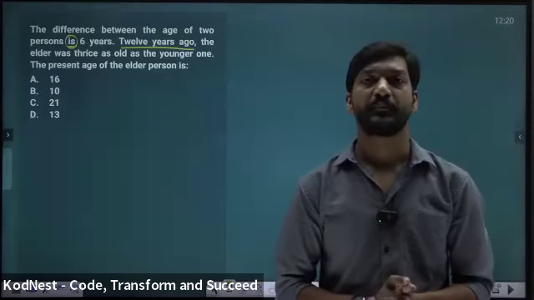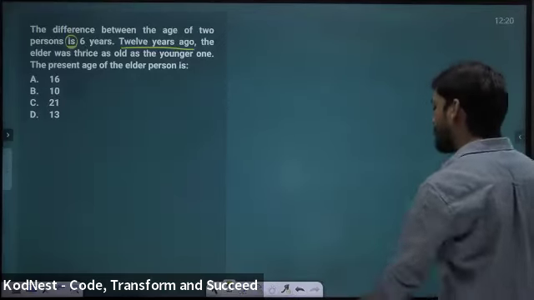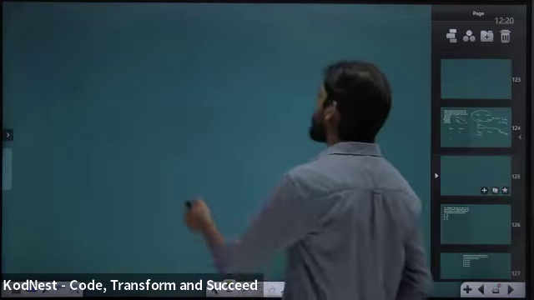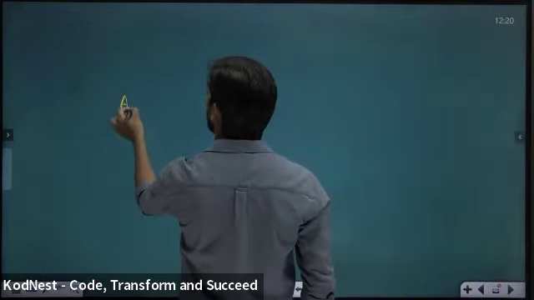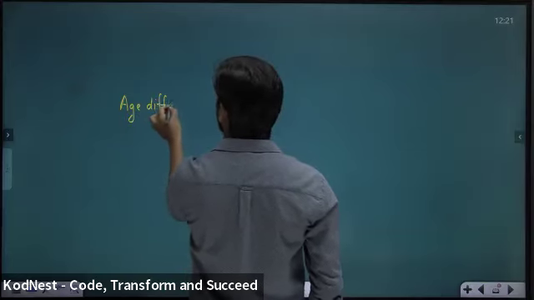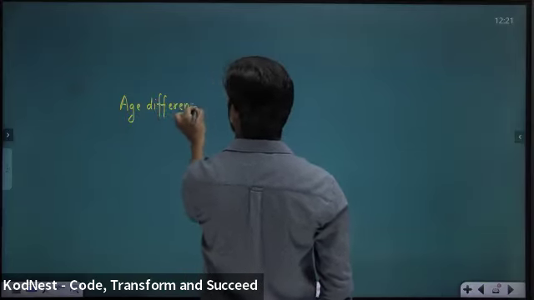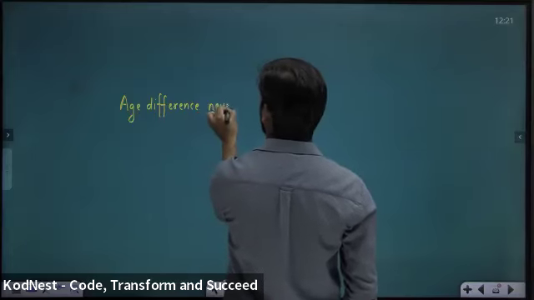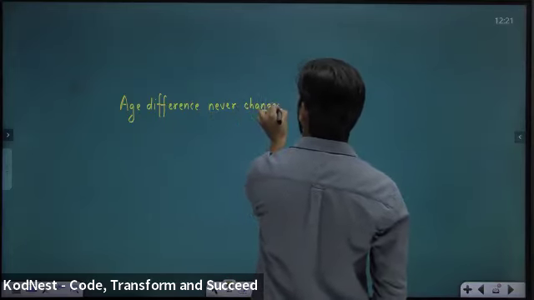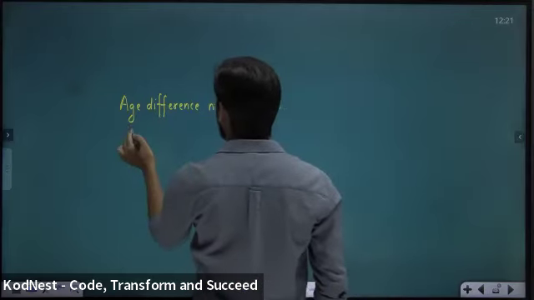Please remember that. A very important concept, or I can say information for this topic, is age difference. Age difference never changes. And for complete clarity, let me write this.